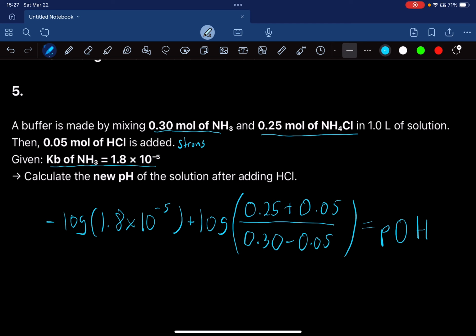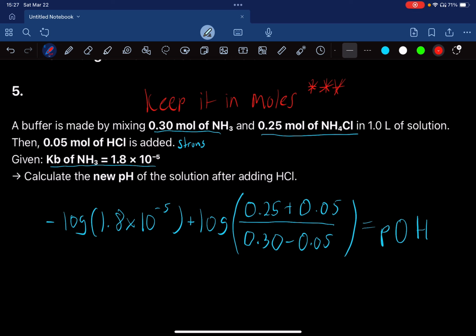And when you get a question like this, remember, keep it in moles. That's what you want to remember. When you have to add a strong acid, keep it in moles. It'll make it easier for you. And you just plug it in.